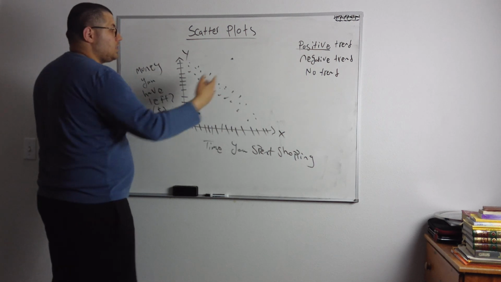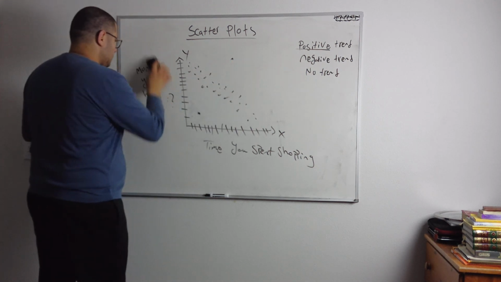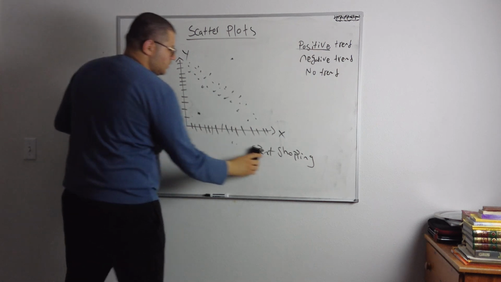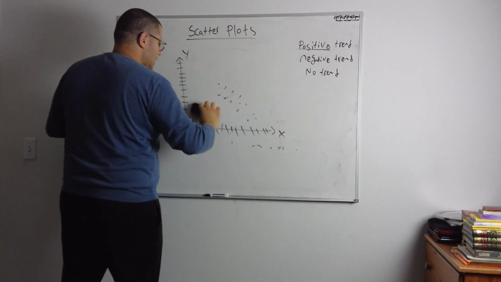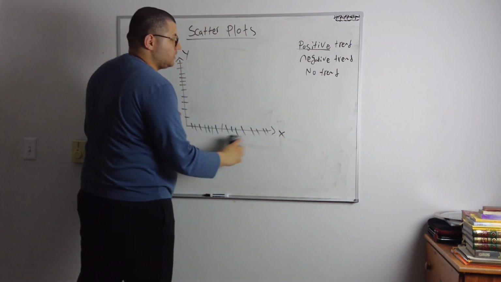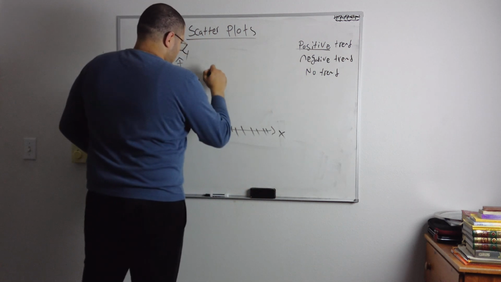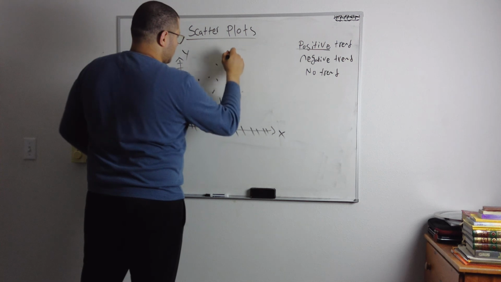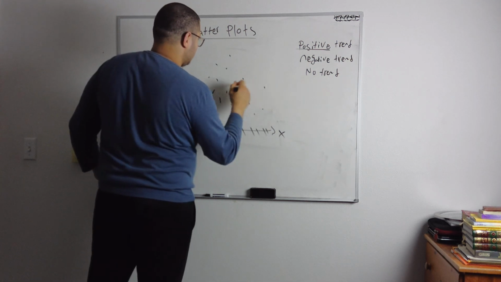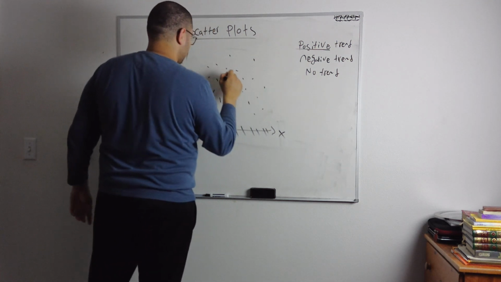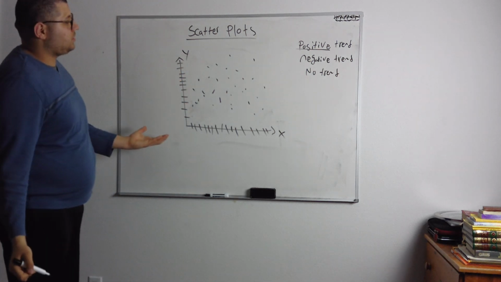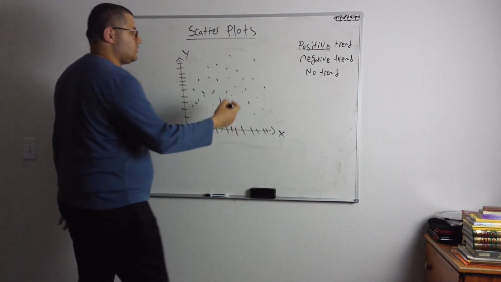Now, no trend. What does no trend mean? No trend means your dots are not positive or negative, they're just everywhere. They're just like this. You can't really tell if it's positive or negative. They're just everywhere, so that means there's really no trend.